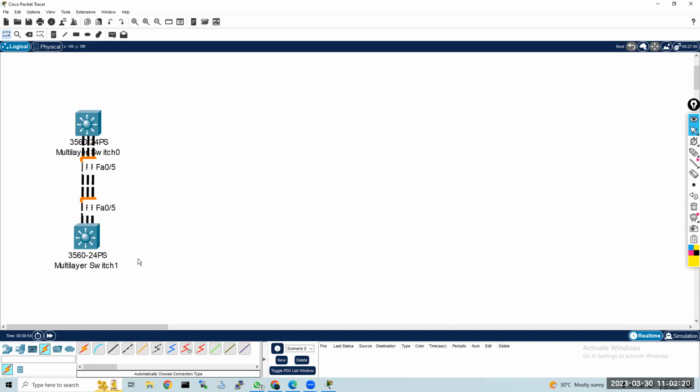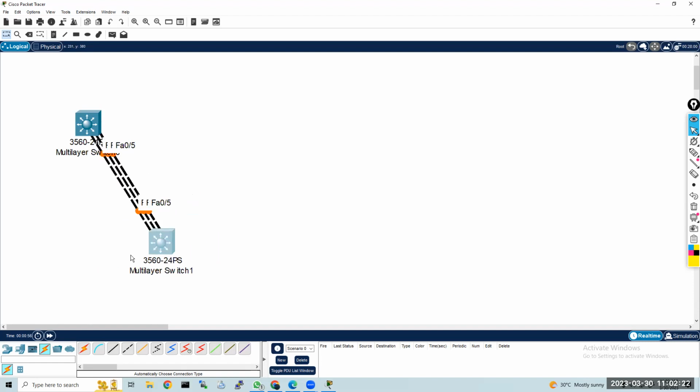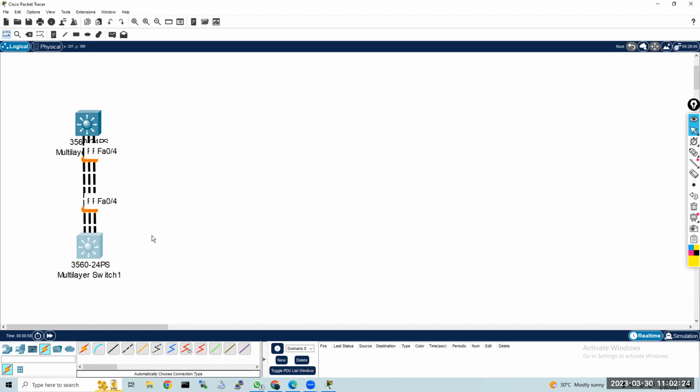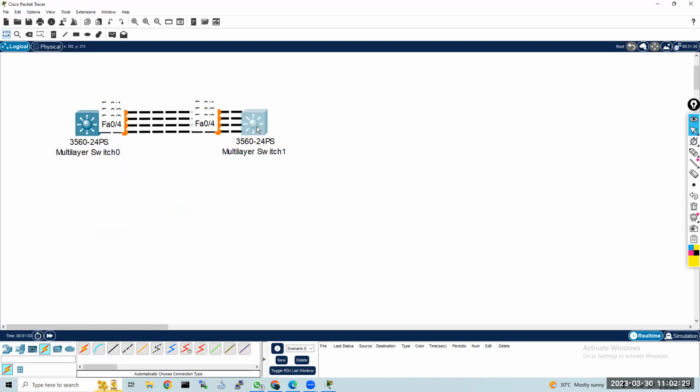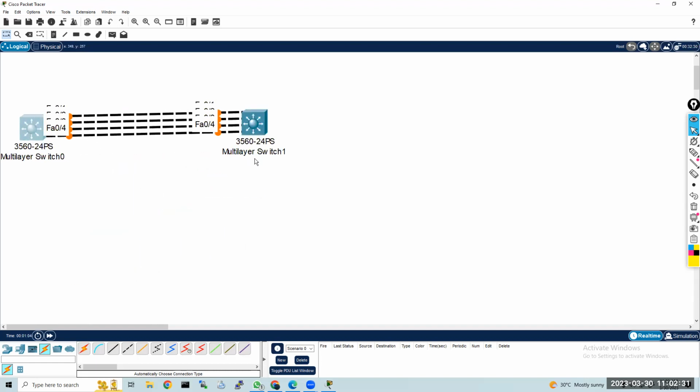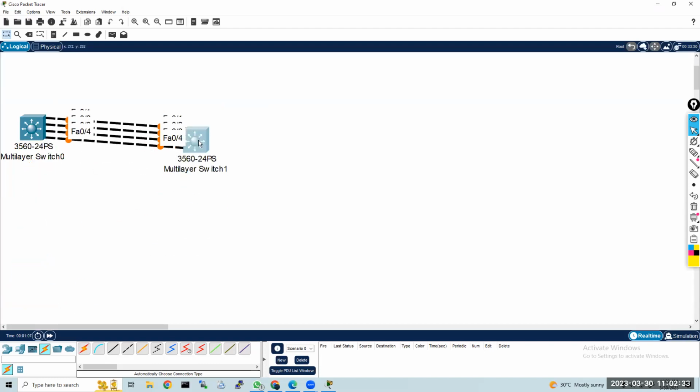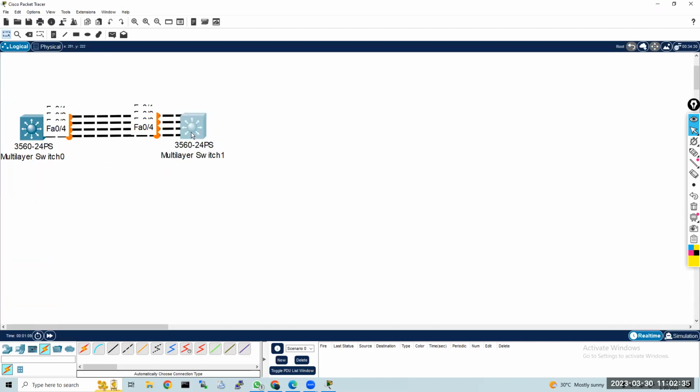Right now I have taken 5, 4. So let's connect like this. Because like this it is not showing. So like this it will show you.